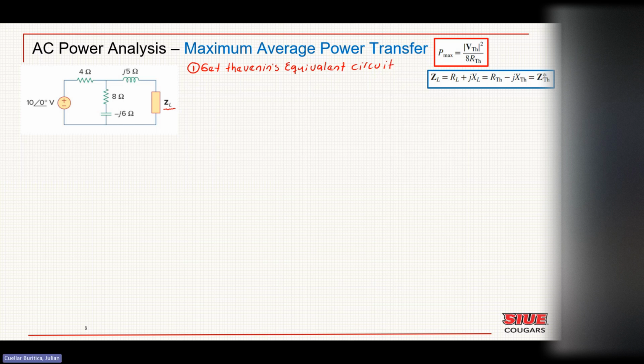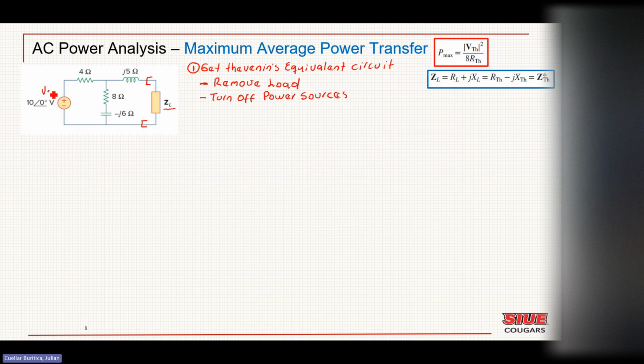And for doing that, we need to remove the load. Then we are going to disconnect this from here and this from here. Turn off the power sources, because this is a voltage power source.